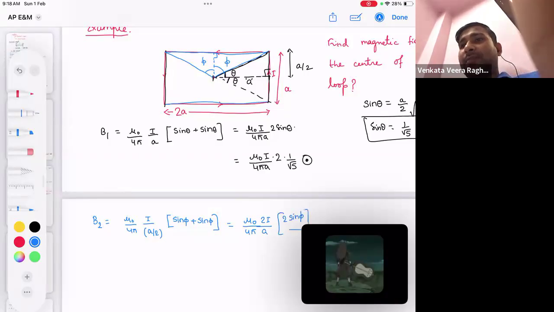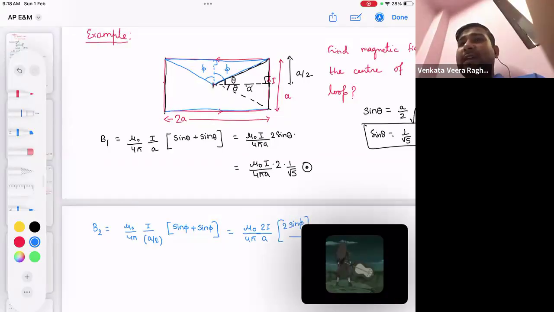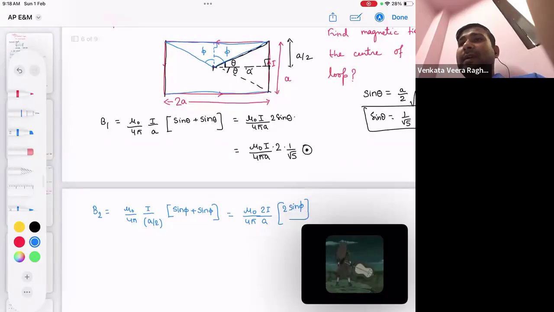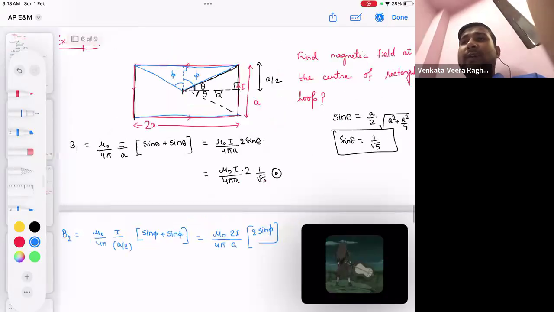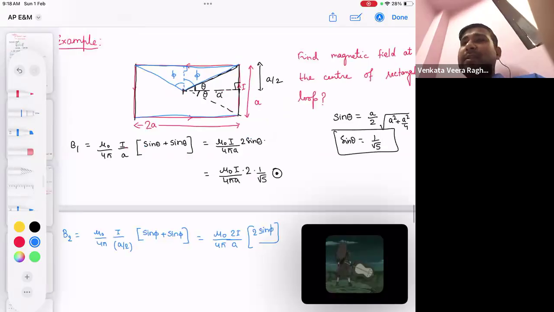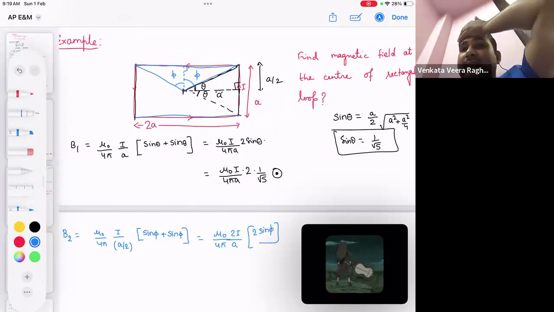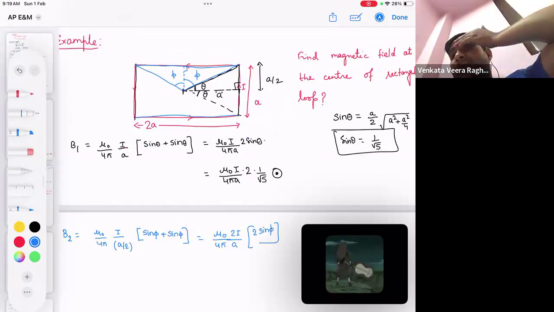Now if you put the value of sine phi, can you tell me what value of sine phi will come? Is it a divided by root 5 a by 2? Because the diagonal will remain the same, na? When you are calculating sine phi, the diagonal will remain the same. Only the perpendicular will become a this time, right?